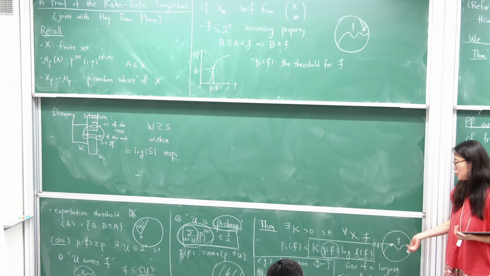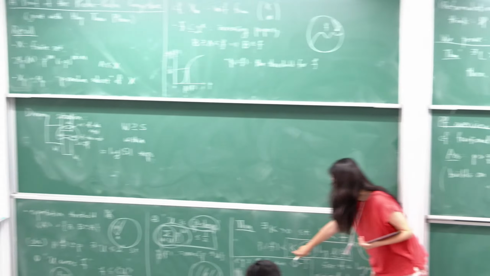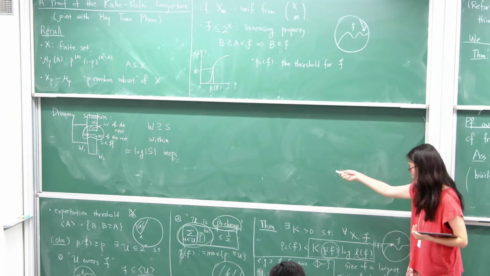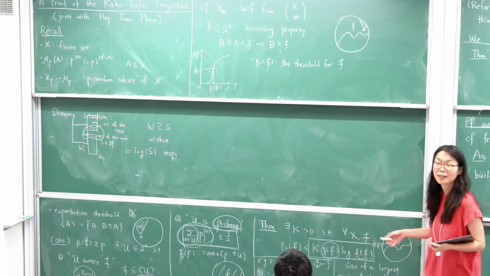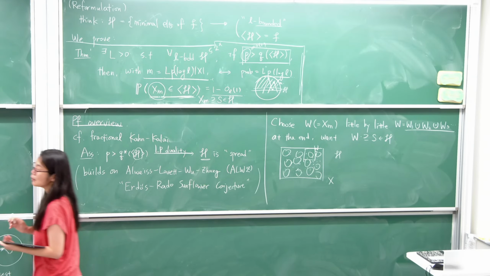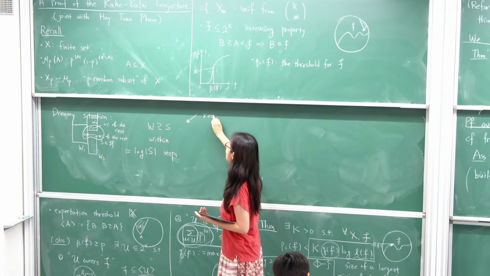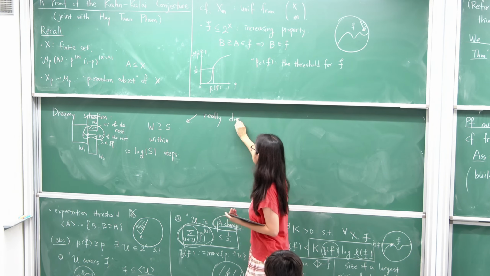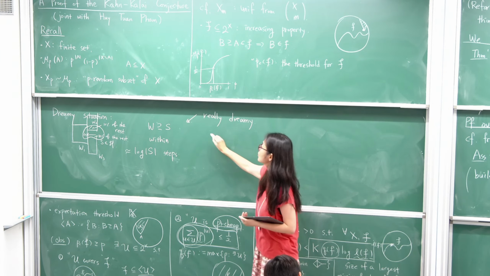So basically what we do is, the size of each random set is K times QF, and we iterate this process log L times, because the size is L, at most L. So this is a dreamy situation, but I want to emphasize that this is really dreamy. Because what's W?